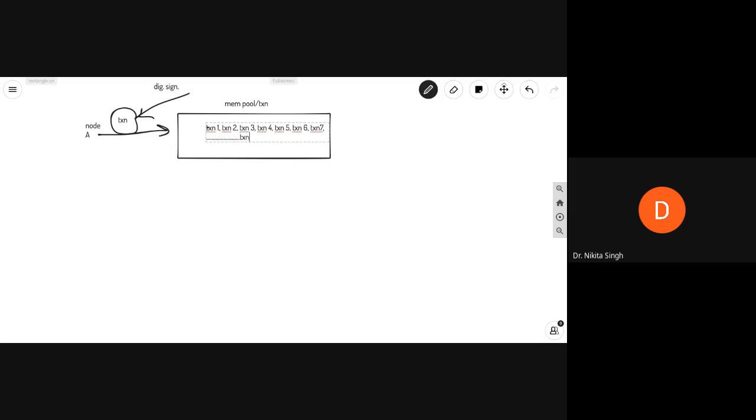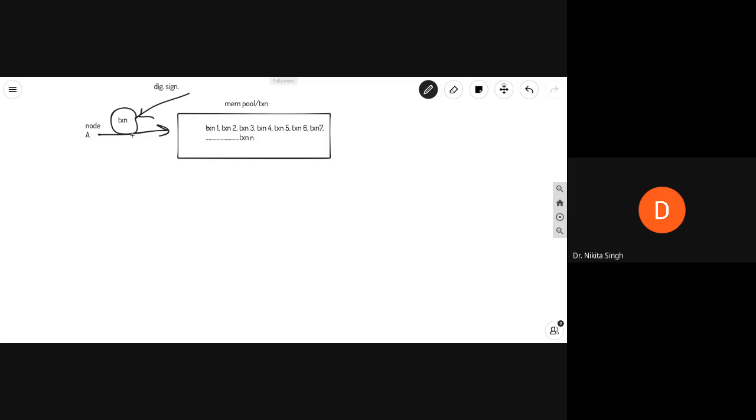So if you talk about the Bitcoin blockchain, it allows you to add transactions for up to 1 MB, and a transaction is always hashed, so it allows you to add about, say, 1500 transactions in a block. But for our understanding, let us assume that we can add up to, say, 5 transactions in our block.